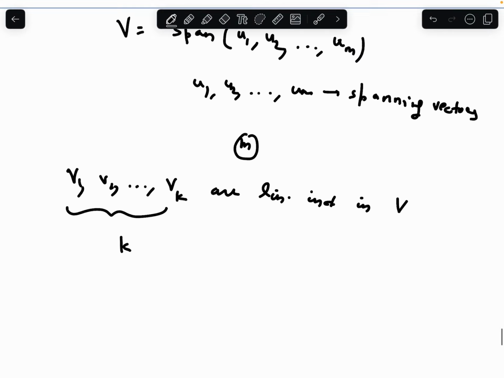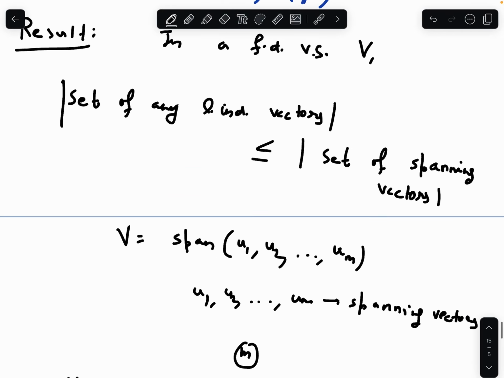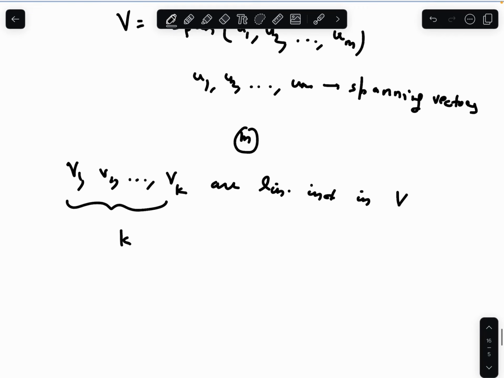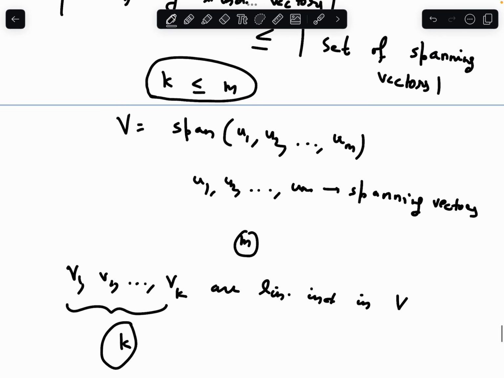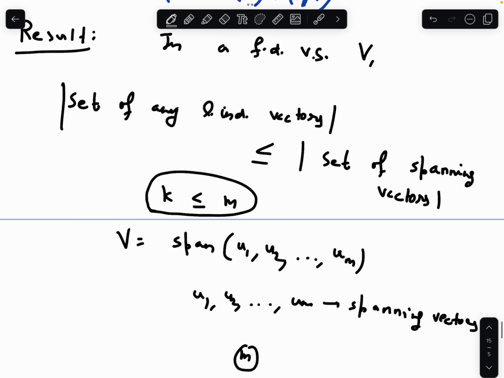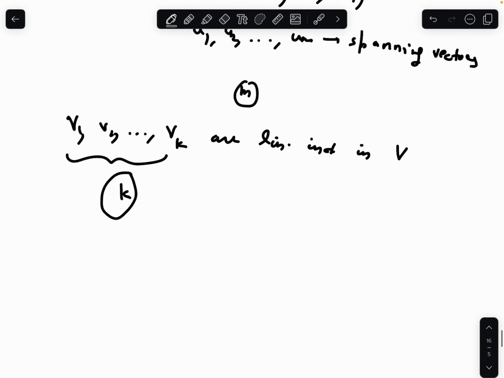K. Then what I'm saying is that K is less than or equal to M. That is, spanning vectors are more than linearly independent vectors. So if these are linearly independent in V and these are K in number, then K has to be less than or equal to M. This is a very powerful result. It's going to save you a lot of calculations. Let me show you how.